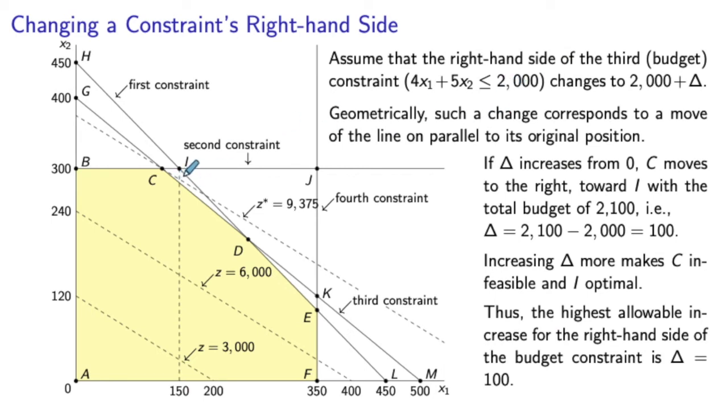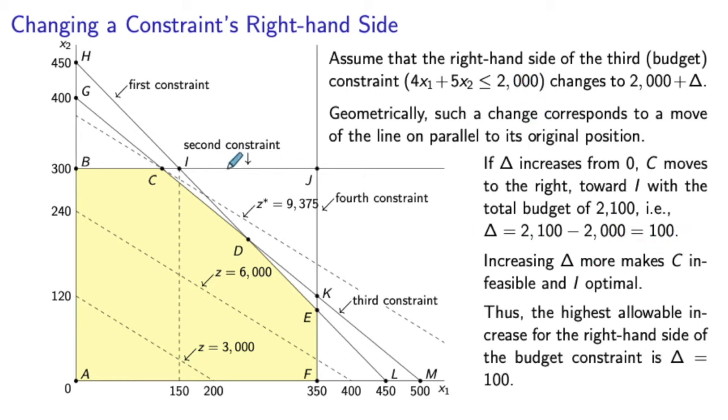So this is obtained by plugging in the coordinates of the point I, which are 150 and 300, in the left-hand side of our constraint, and we can see that the right-hand side then is going to become 2100. This corresponds to the delta level of 2100 minus the original right-hand side 2000, which is 100.